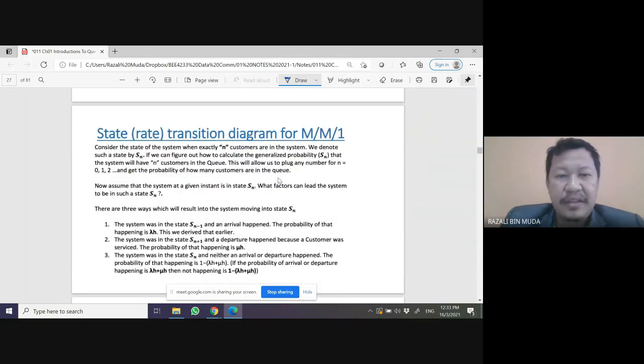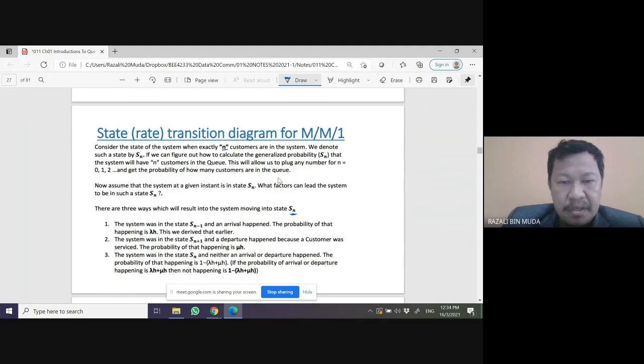So this is an example of M/M/1 steady state. State rate transition diagram for M/M/1. Consider the state of the system in which exactly n customers are in the system. You can read this. These are three ways which will result in the system moving into Sn.